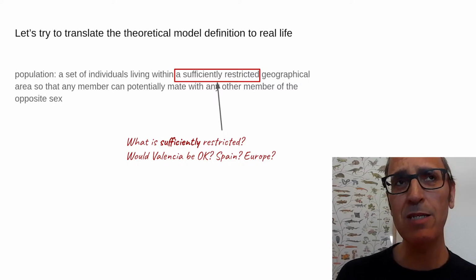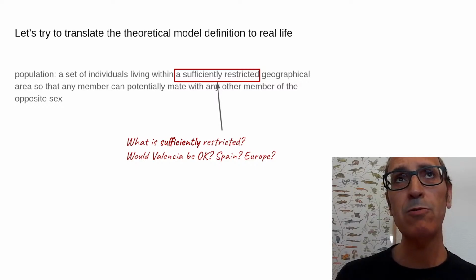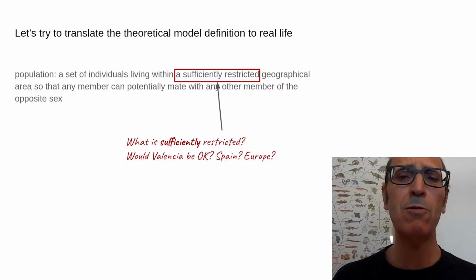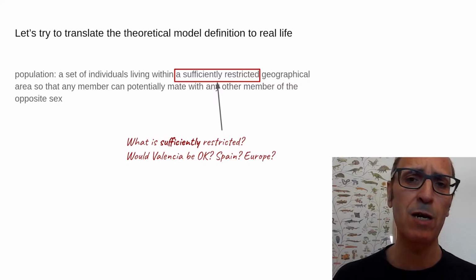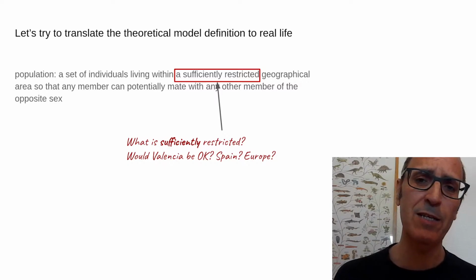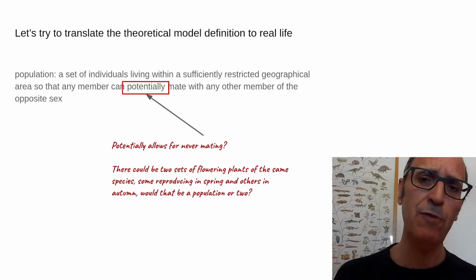If we are studying human populations, is it correct to talk about the population in Valencia, or maybe we have to talk about Spain, or maybe Europe? What is the correct level of geography that we are studying? That's a problem. It's not very clear in this definition how we should define a population.